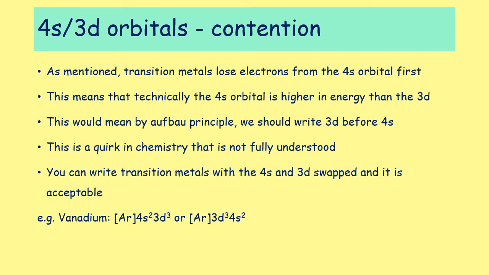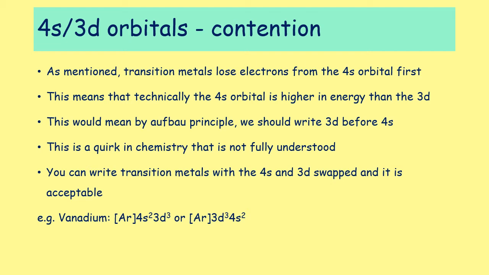Now, as I said before, the 4s and the 3d orbitals are very close in energy. And because whenever transition metals form ions, they lose their electrons from the 4s orbitals, this would give us an indication that actually, in terms of energy, the 4s orbital is higher in energy than the 3d orbital, because you lose electrons from higher energy orbitals first.